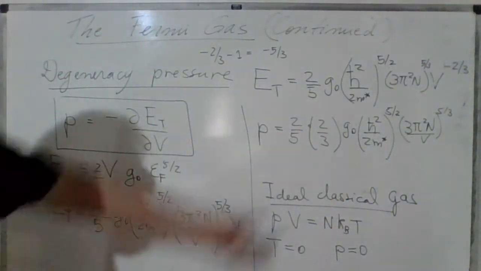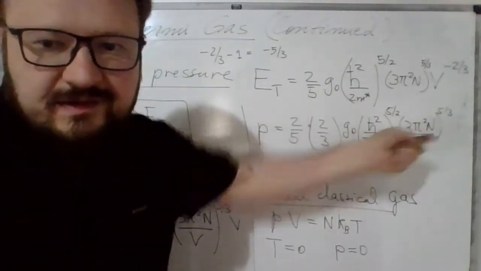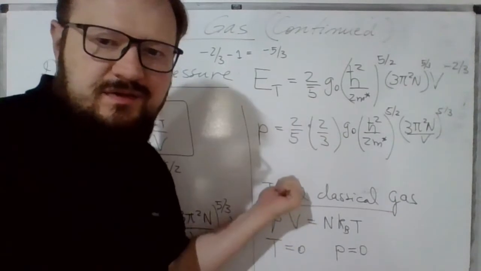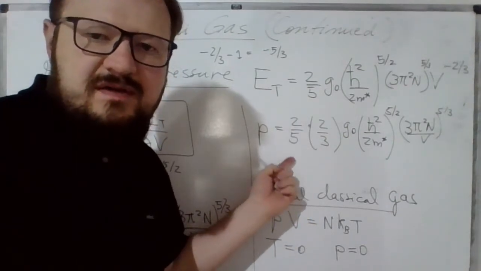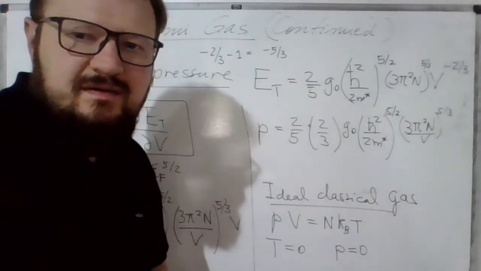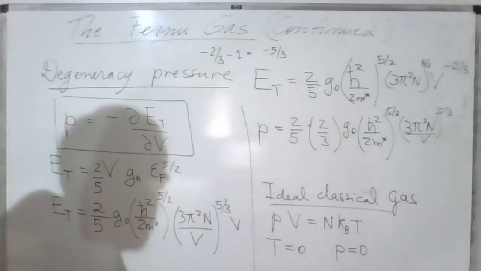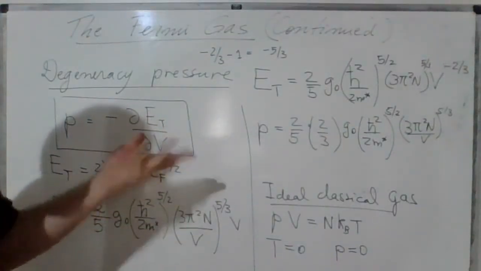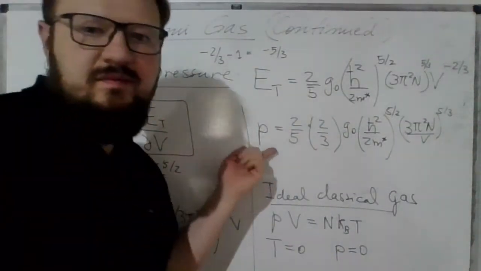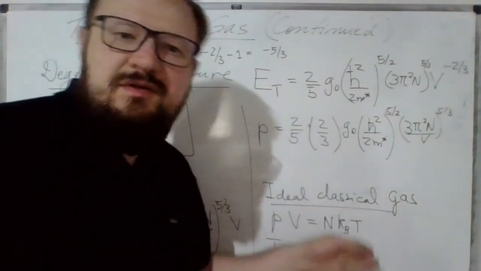It depends on the density of the gas, but is non-vanishing. You have a finite value for the pressure of the gas. By no means can you set the pressure to be zero. This is called the degeneracy pressure.